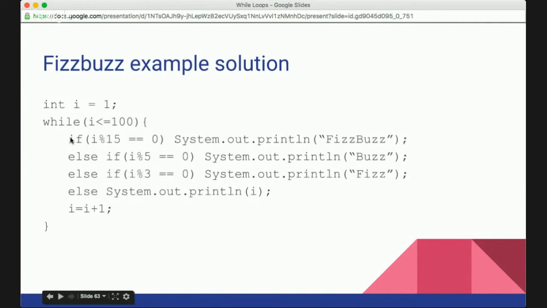If it's not divisible by 15, but it's still divisible by 5, we print out buzz. If it's not divisible by 5, but it's still divisible by 3, we print out fizz. And in all other cases, we just print out the number. And then we increase I by 1.